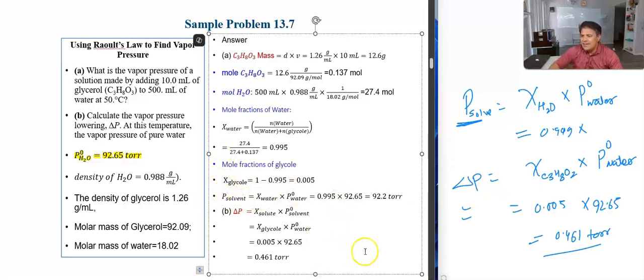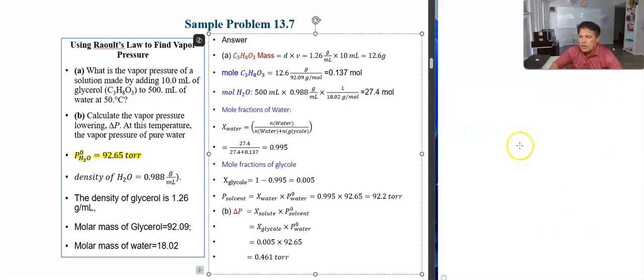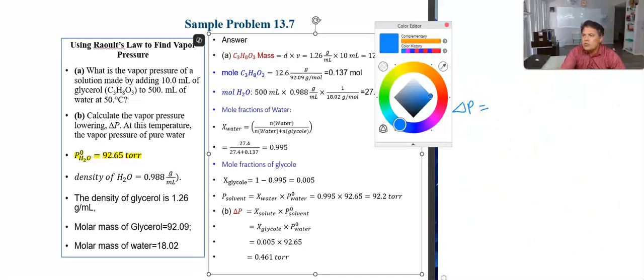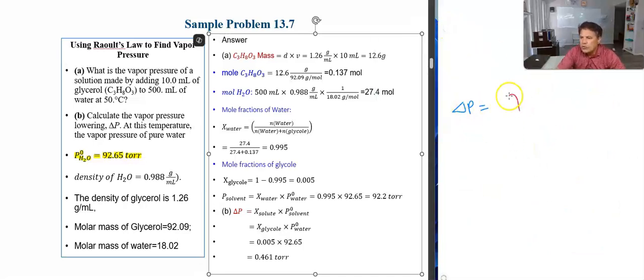It's easy, right? What is the vapor pressure lowering formula? Delta P is equal to X solute, the mole fraction of solute, times pressure P naught.